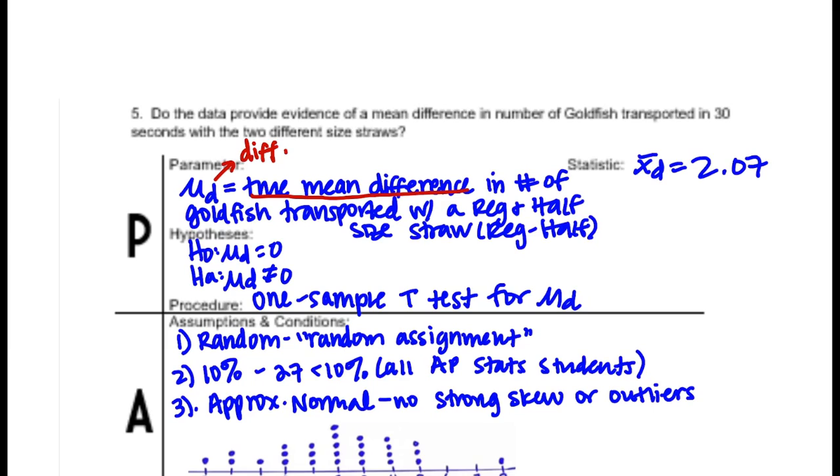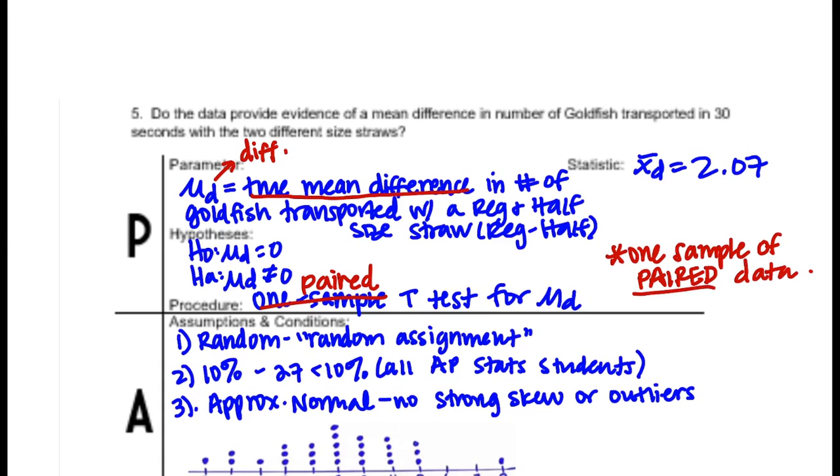This is a one sample t-test for mu, and we can cross out one sample and write paired, because we have one sample of data, but the data was paired, so we want to indicate that in our procedure name. So we have one sample of paired data, and we can replace the word one sample with the word paired, a paired t-test for the mean difference.